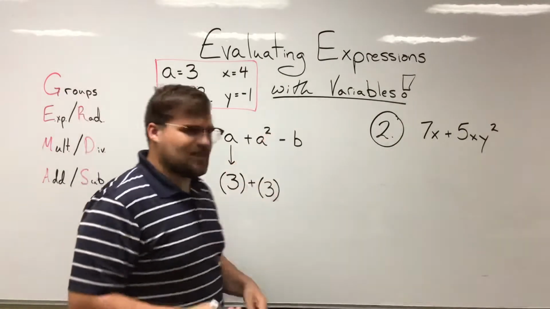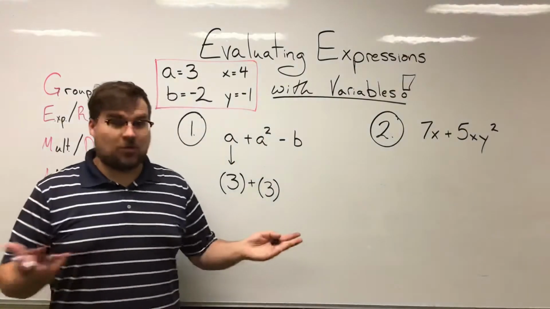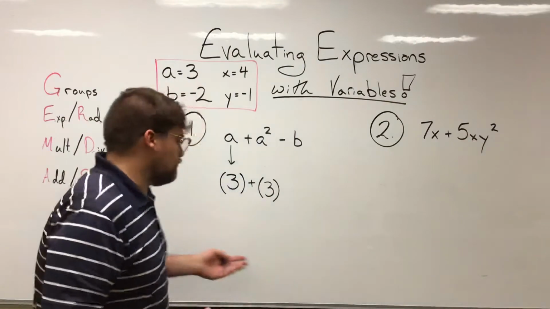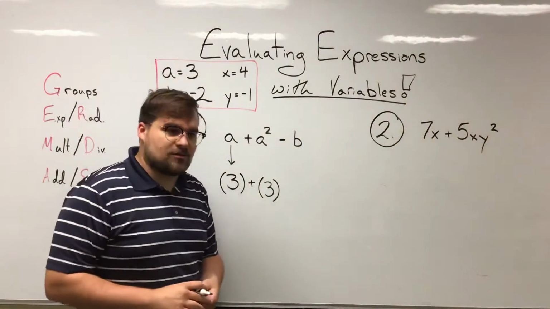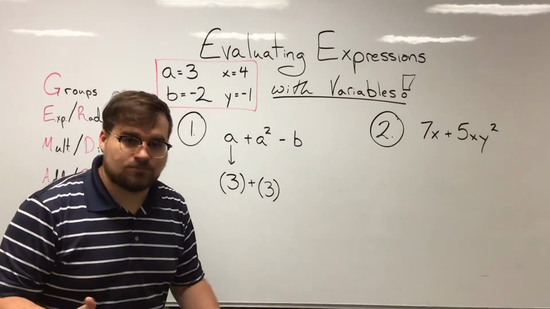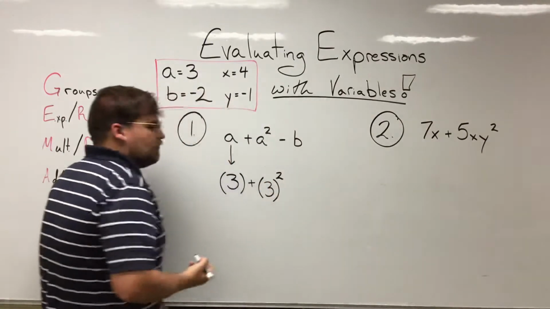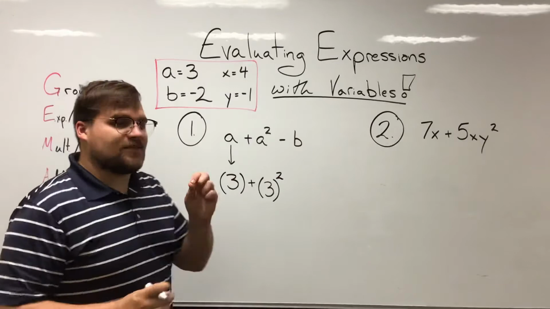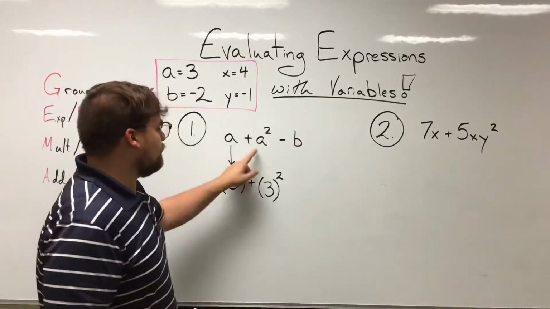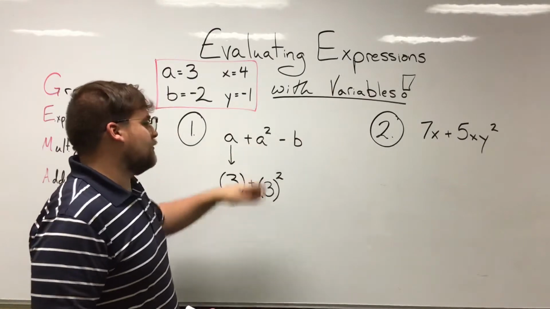But what happens to that 2 up there? Does it go away? Does it go inside the parentheses? Does it go outside the parentheses? Well, if you said outside the parentheses, you'd be right. Because we are specifically just replacing the a.